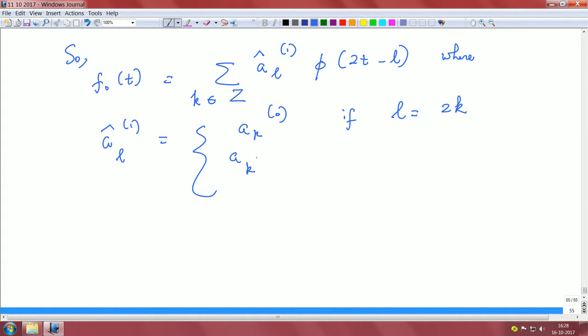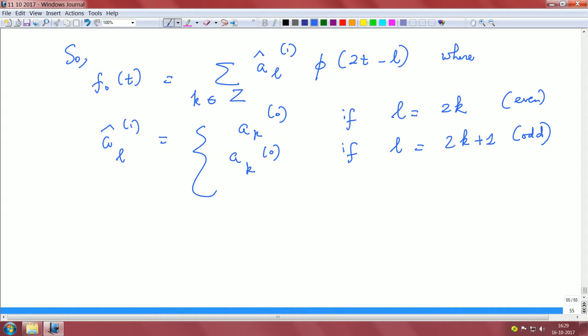It is also a k 0 if l is 2k plus 1. This is the even case, this is the odd case. Okay.